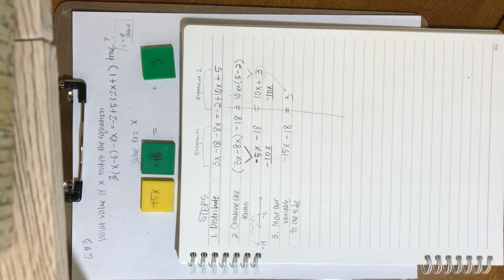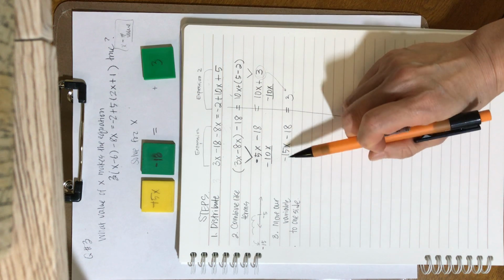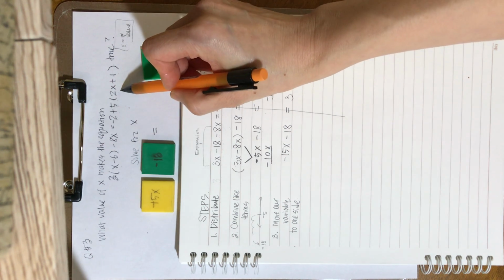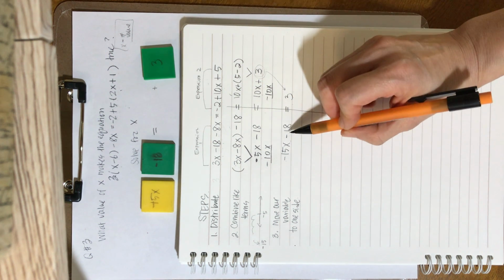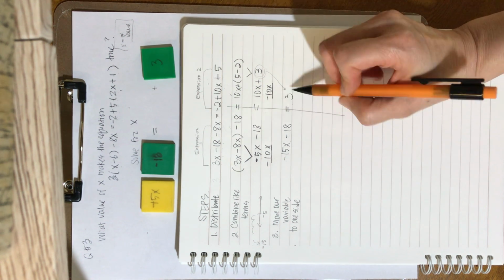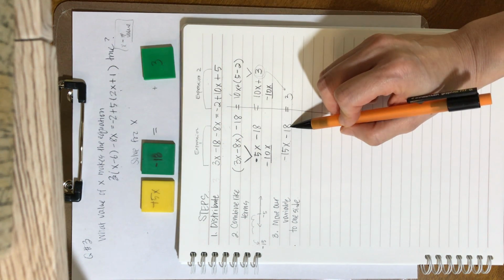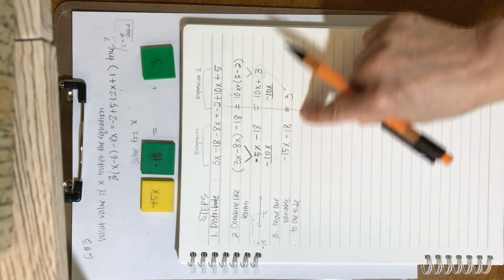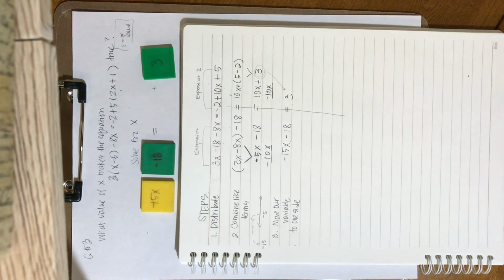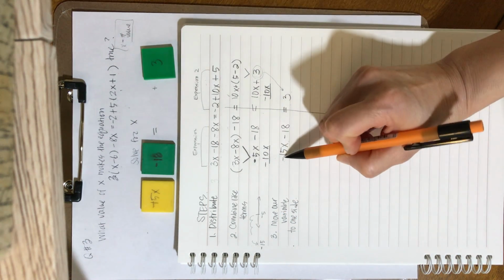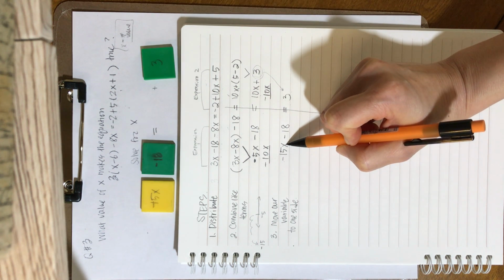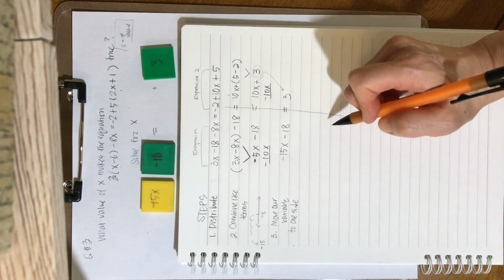So the question I want to ask before I solve for x right now is, have I simplified this original expression enough so that I only have one x to deal with and only one term on this side and another term on this side? Yes, this is about as simple as you can get for an equation. I mean, of course, the simplest would be this, but we're dealing with negative 15 times whatever that number is, minus 18 equals 3, okay?